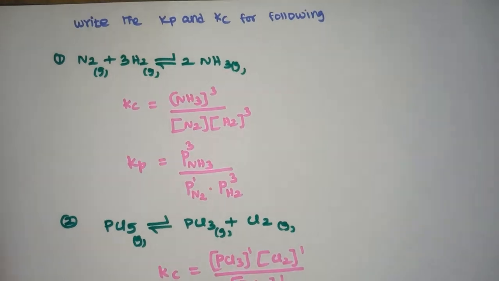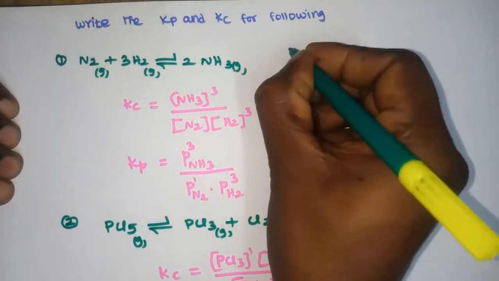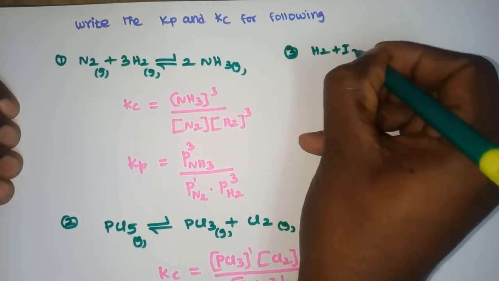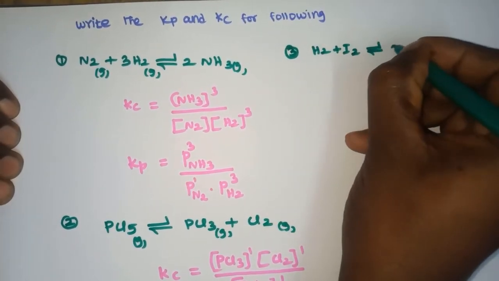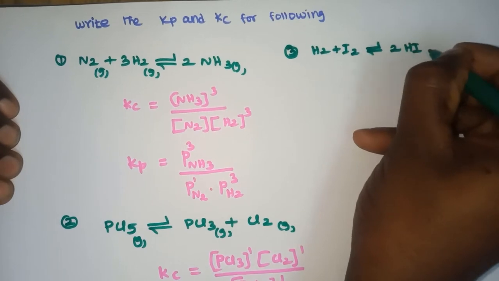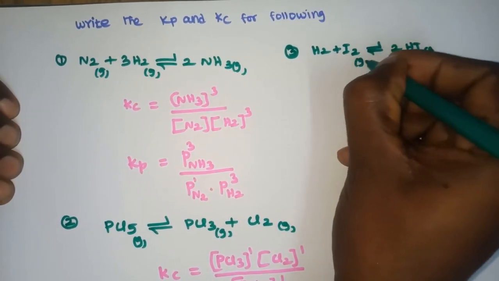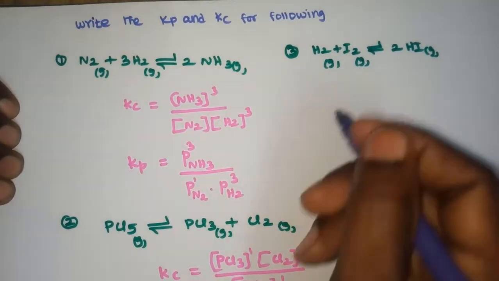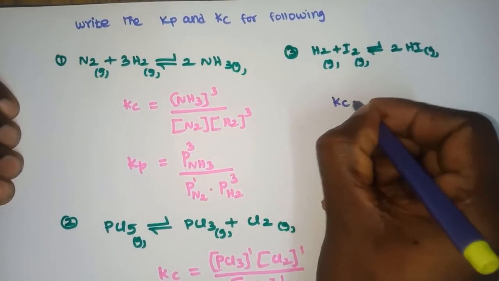Third example, H2 plus I2 to form hydroiodic acid. Kc for this equation, Kc is an equilibrium constant.